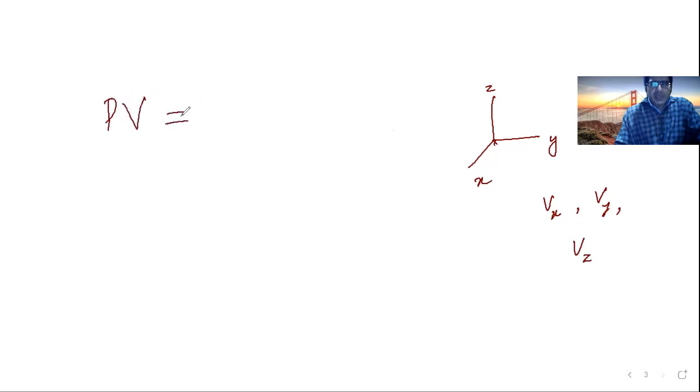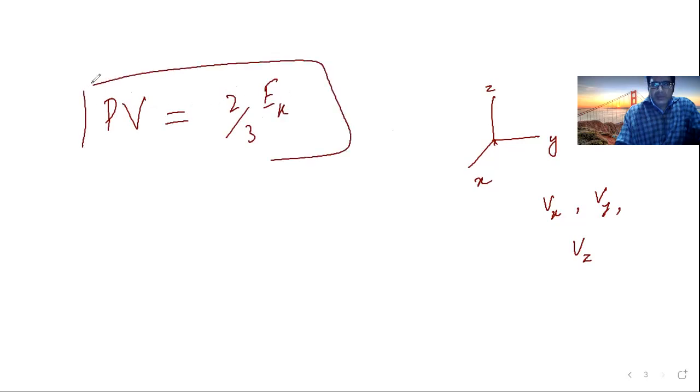You can write for an ideal gas, PV is 2/3 of EK. You need to remember it. That is, the product of pressure and volume of the gas is 2/3 of total translational kinetic energy of the gas, right?